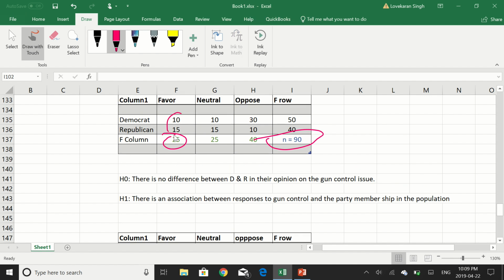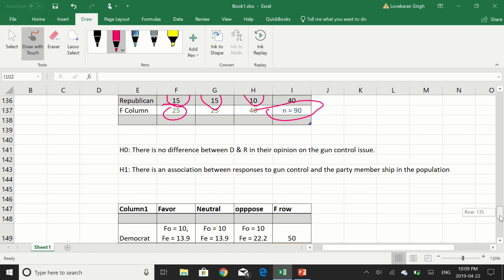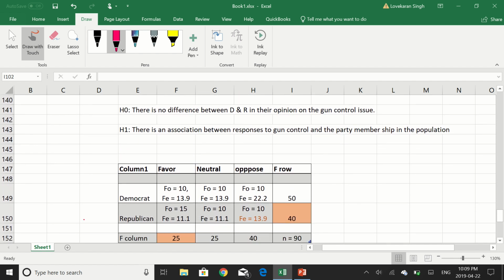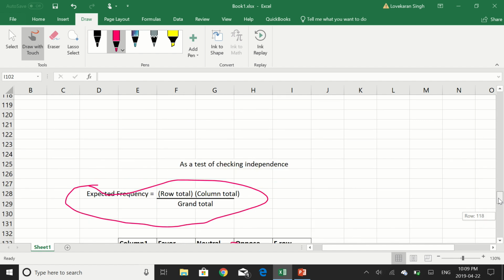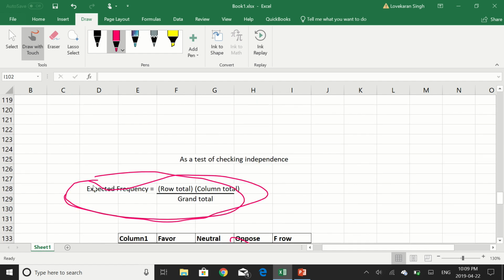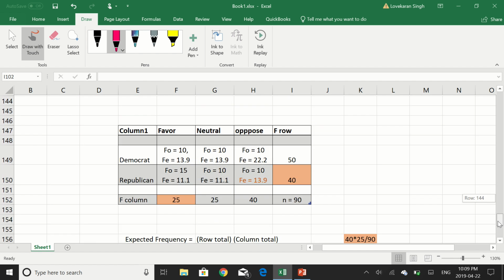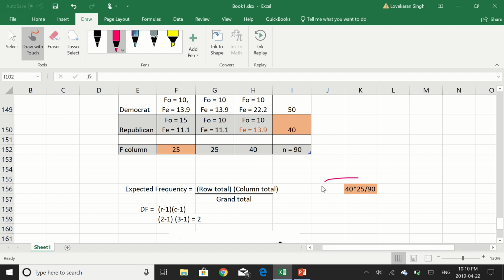These are all the observed frequencies, and to solve for the expected frequency we use the formula we already saw: row total multiplied by column total, divided by grand total. And here is an example of using that formula.